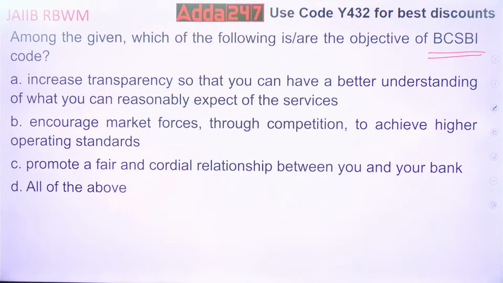Increase transparency so that you can have a better understanding of what you can reasonably expect of the services. Then encourage market forces through competition to achieve higher operating standards. Promote a fair and cordial relationship between you and your bank, and all of the above. So what is the answer for this?